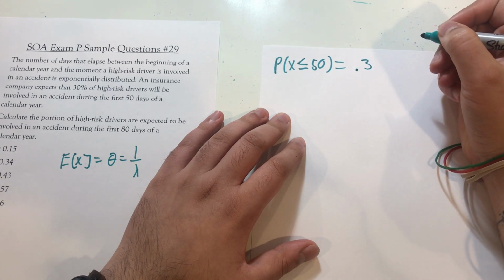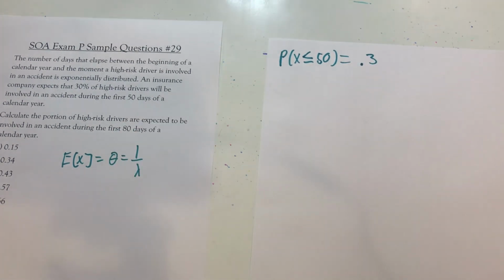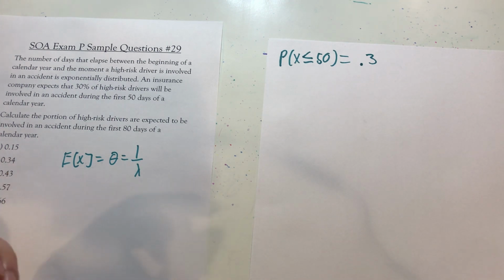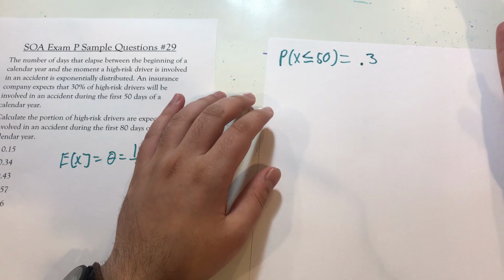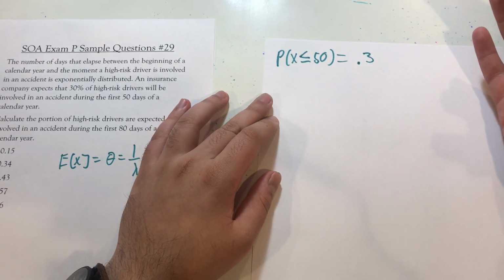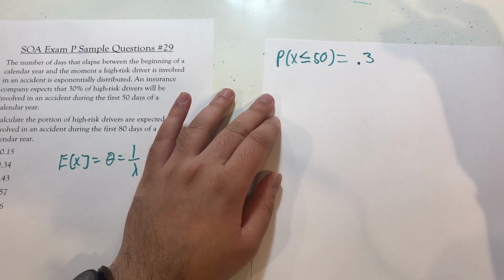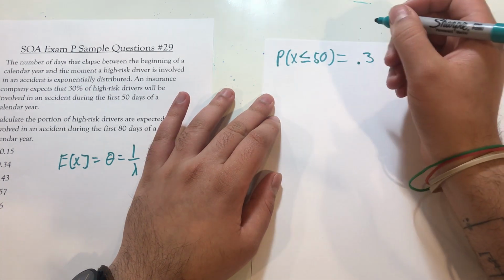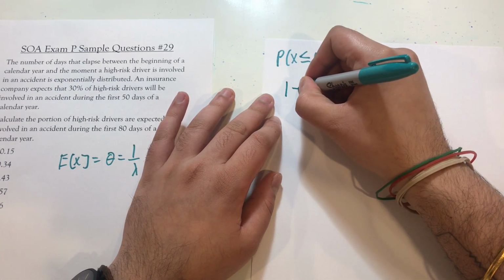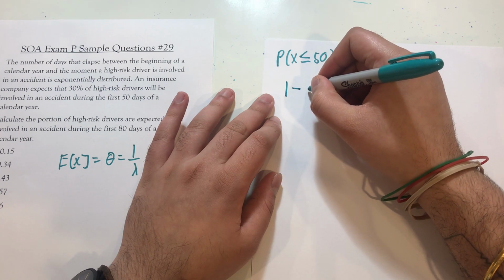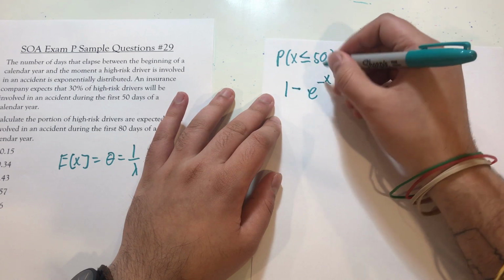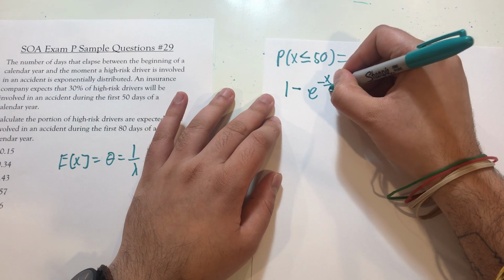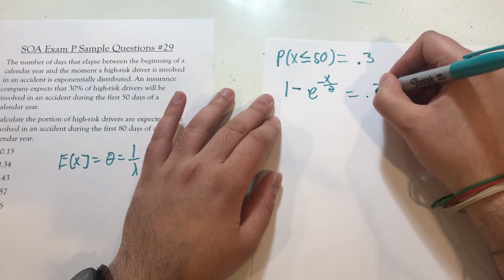is equal to 0.3. Now, it's a very good idea to memorize the CDF, the cumulative distribution function, for an exponential random variable. An exponential random variable is a continuous distribution that has the following formula. So this would imply that 1 minus e to the negative x, in this case x is 50, over theta is equal to 0.3.